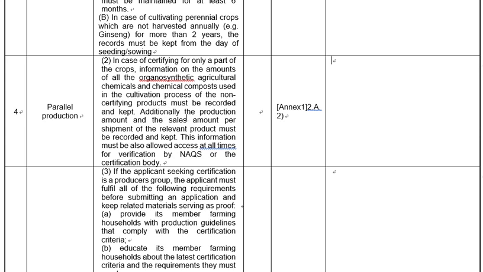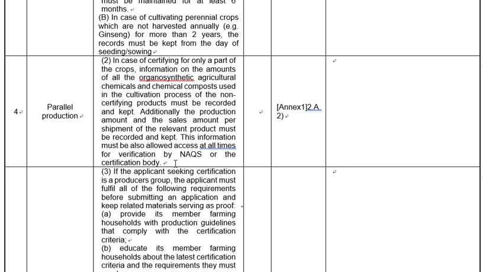Additionally, the production amount and the sales amount per shipment of the relevant product must be recorded and kept. This information must also be accessible at all times for verification by NAQS or the certification body. NAQS means the government agency which controls organic certification in Korea, National Agricultural Quality Services. And certification body means DCOK.